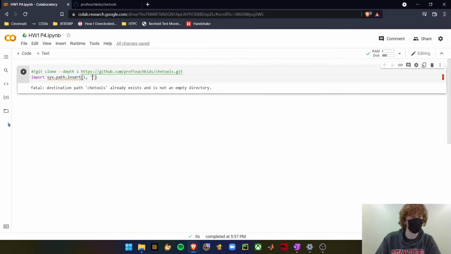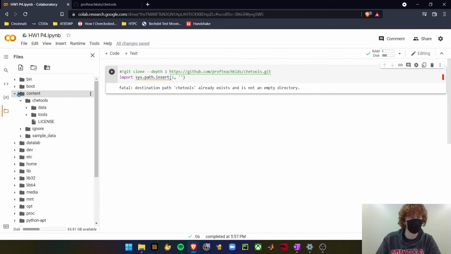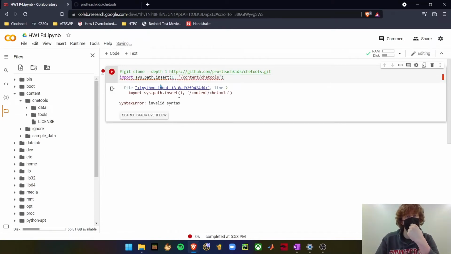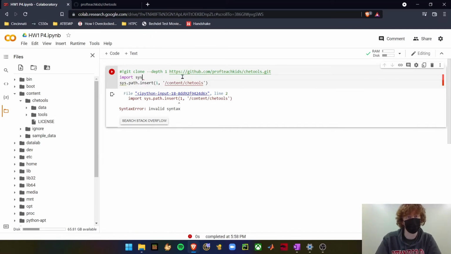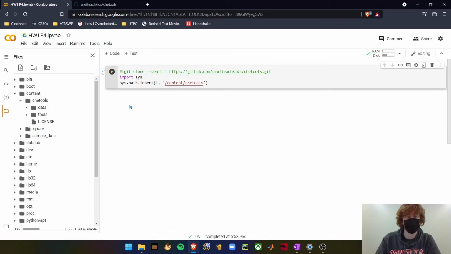And then our file path is over here, /content/che tools. So I'll just copy the path because I'm lazy. And if we go ahead and run that, import sys and then sys.path.insert. There we go. So now we are almost ready to start using these tools.